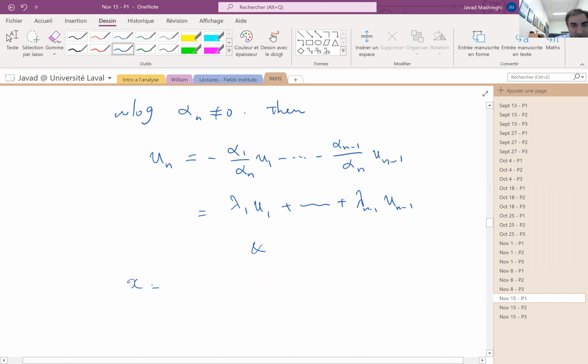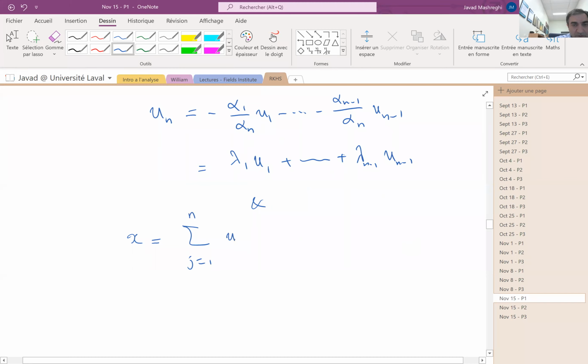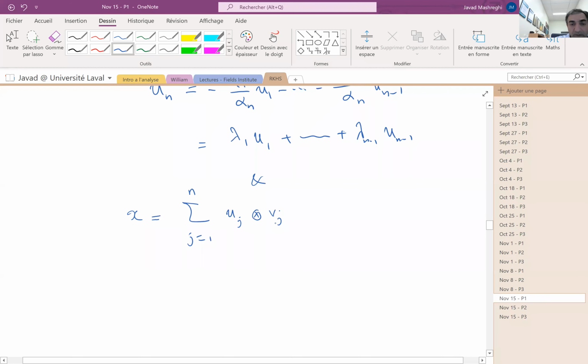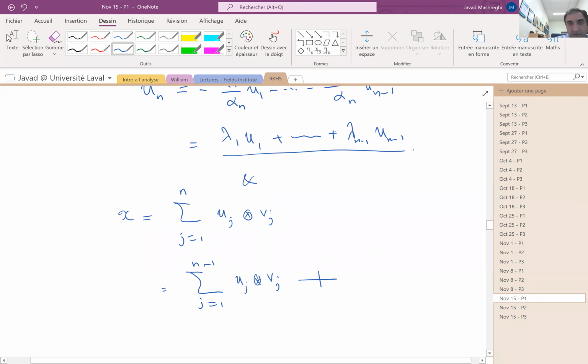X is the sum j from 1 up to n of uj tensor vj. Well, I consider the first n minus 1 terms plus un, and instead of un, I can write this, tensor vn.